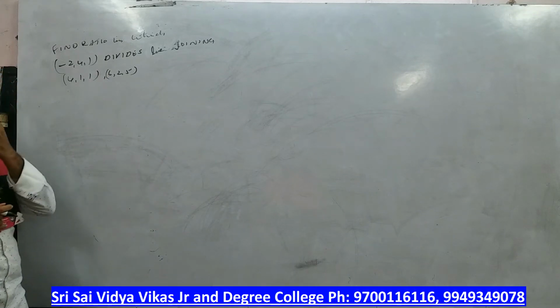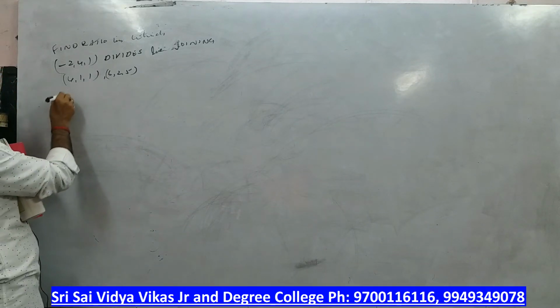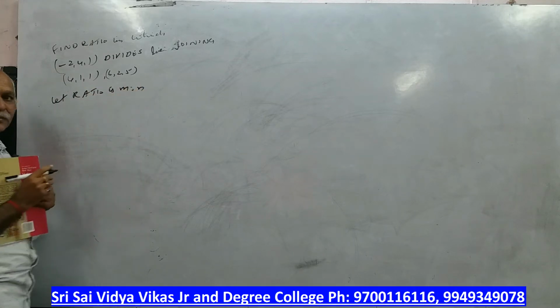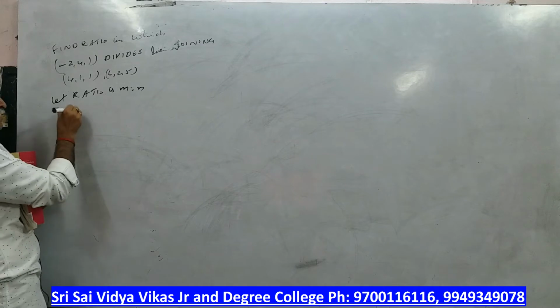Is asked to find the ratio in which, again, let the ratio be m is to n. Look at this problem. Okay, so what will happen?